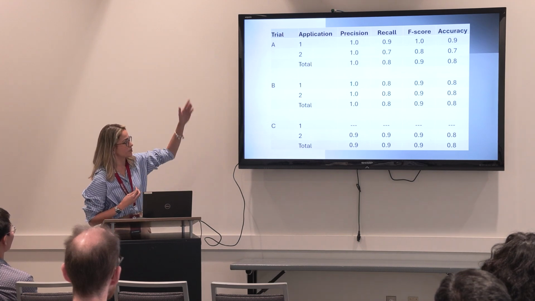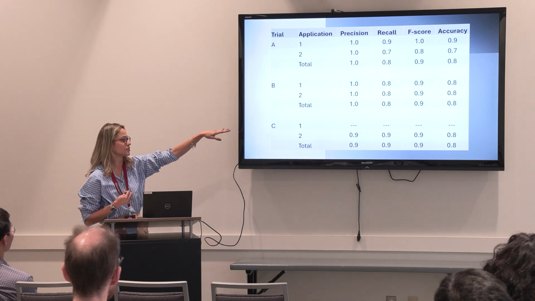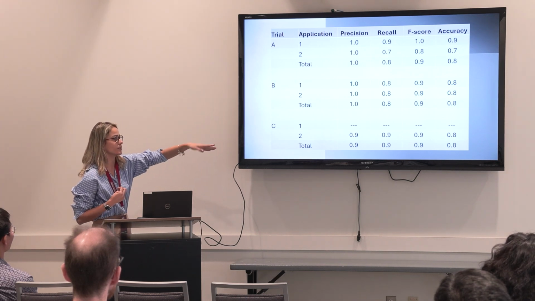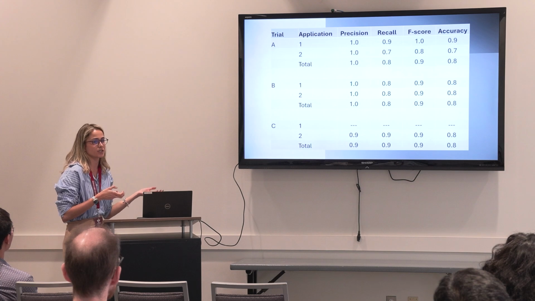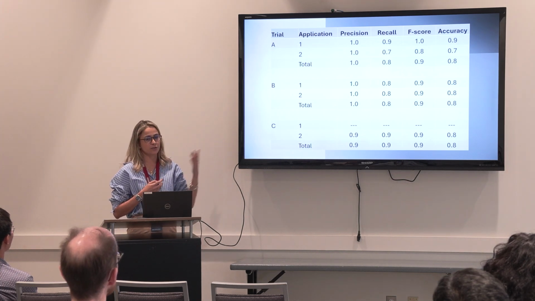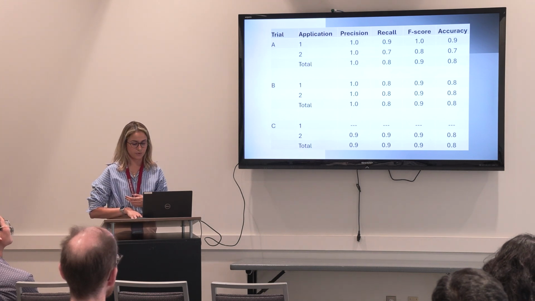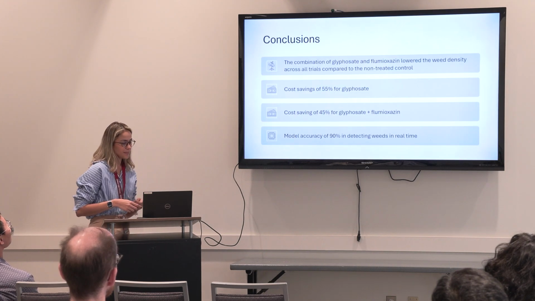But you can see the precision, almost all the moments are 100%, and there is more variation in the recall. So you have a maximum of 20% of the weeds missing, but it's still a pretty good result for a real-time application.